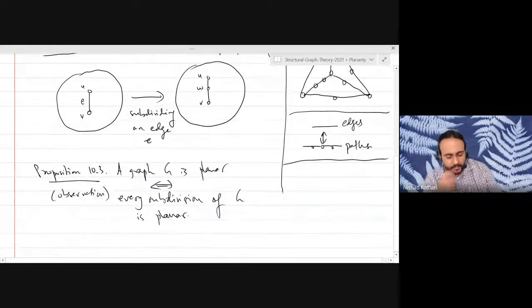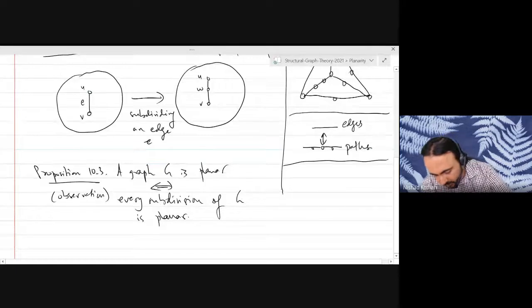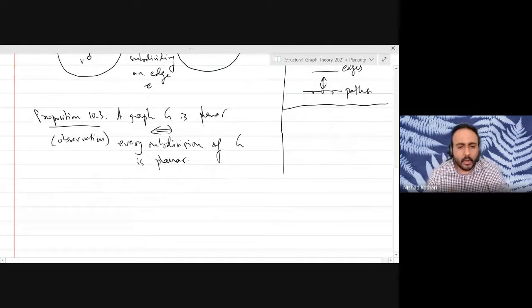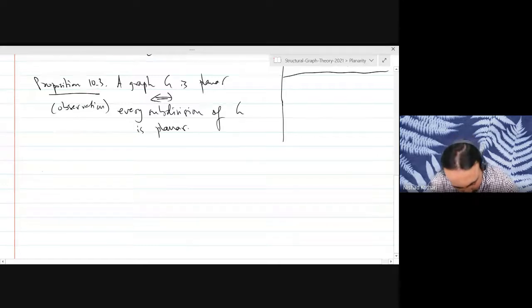Okay. Good. So subdivisions preserve planarity. Subgraphs also preserve planarity. Okay. So now let me ask you a question.